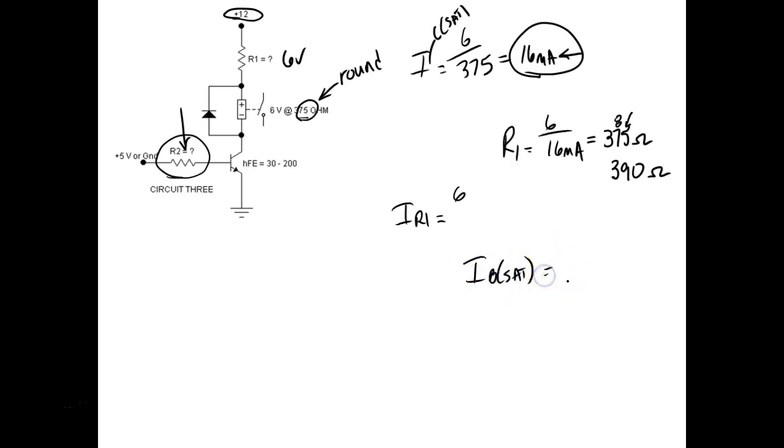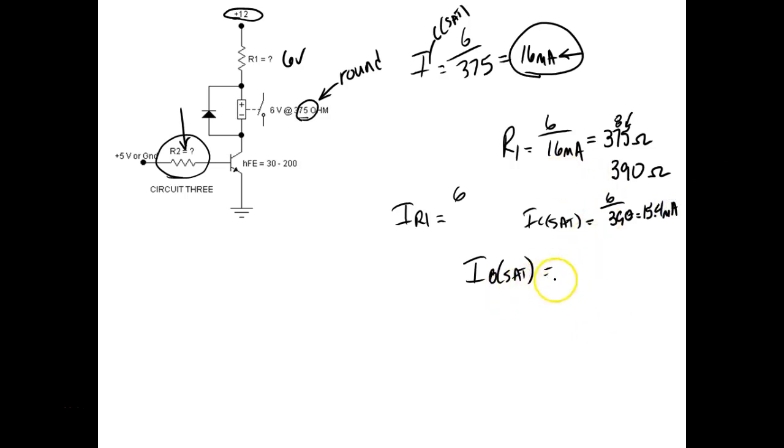So we need to calculate the actual current, right? Which is going to be so close. So what's it actually be? So IC sat, yeah, it's about 390. So what is it? Yeah, and what we're going to see, it wouldn't make any difference if you used the 16 milliamp.